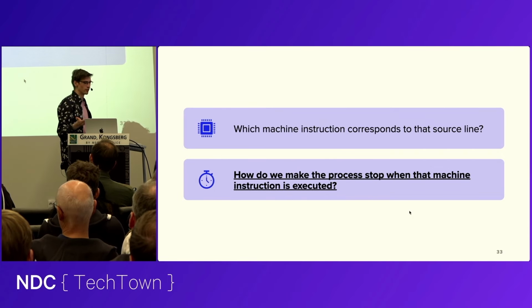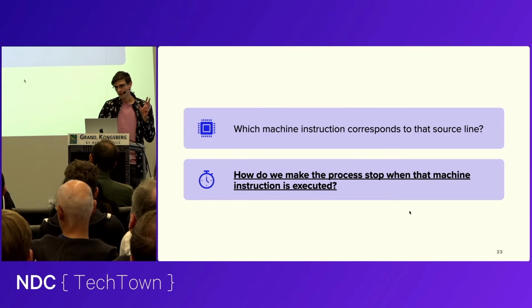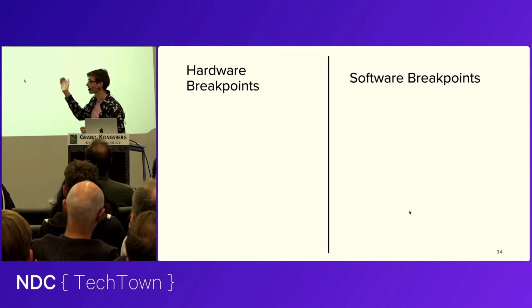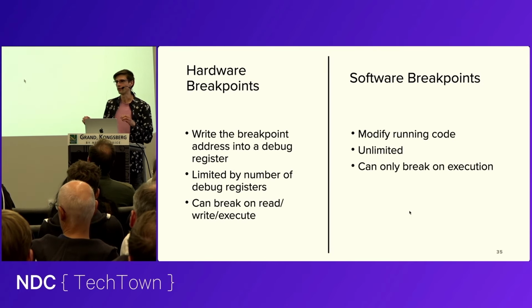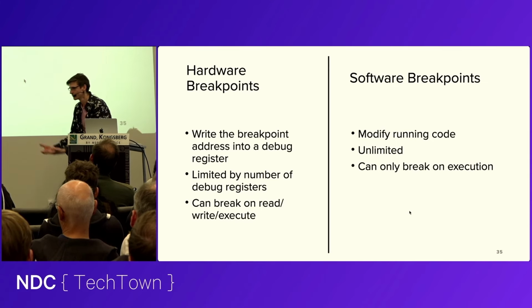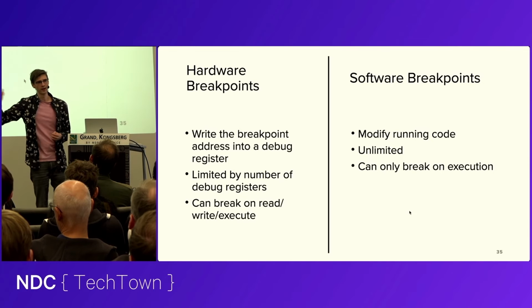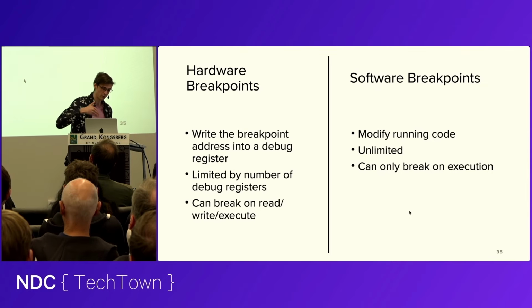And now we need to know, how do we make the process stop? Well, there are a couple of main ways to do it. We've got hardware breakpoints and software breakpoints. Hardware breakpoints are facilitated directly by the hardware. We have special registers that we write data into, and that does the breakpoints for us.